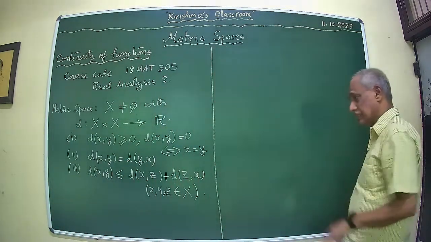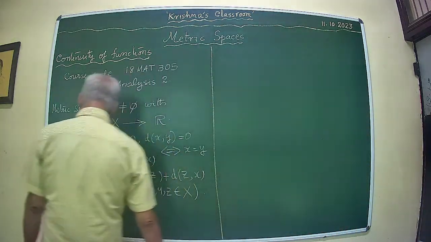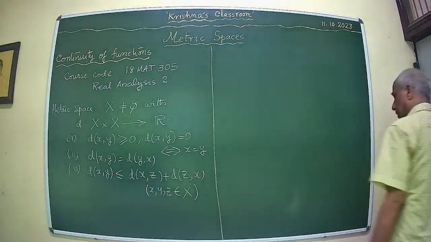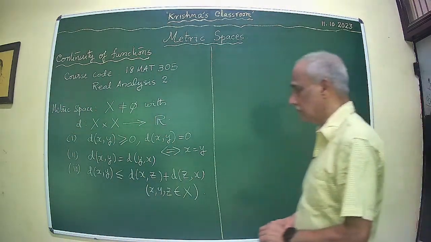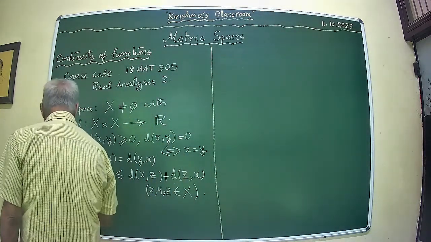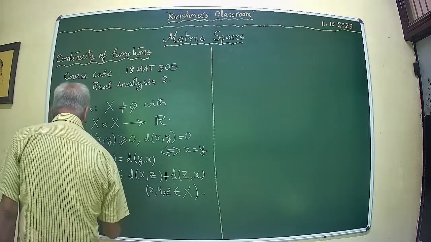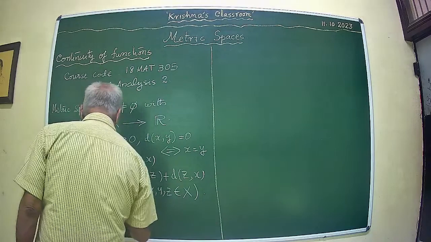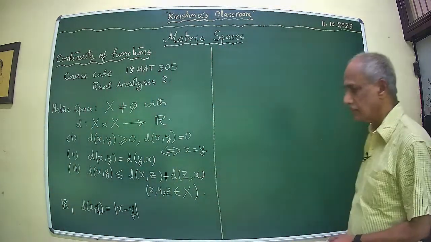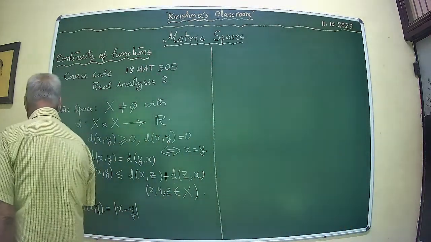Now this defines a metric. If you connect with what you are already familiar with, on R the usual metric d is defined as |x minus y|, and you can check that all these properties are satisfied. So this is an example.